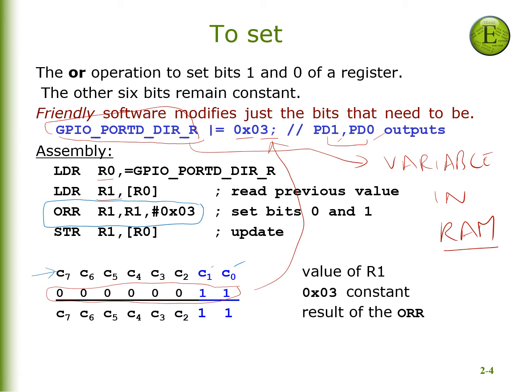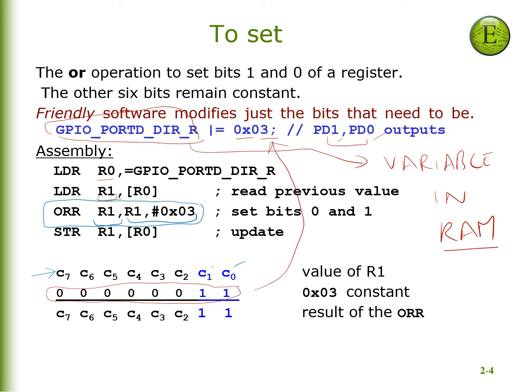All of these C variables are binary variables, so it can be an 8-bit binary number. So whatever the value is, we are going to first store that value in the register R1 and then take an OR, and then the result goes into the same register R1.